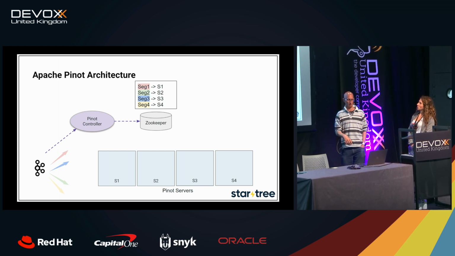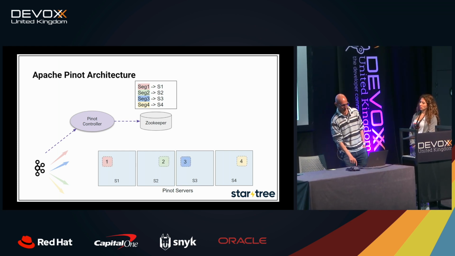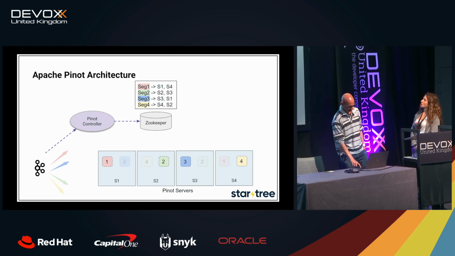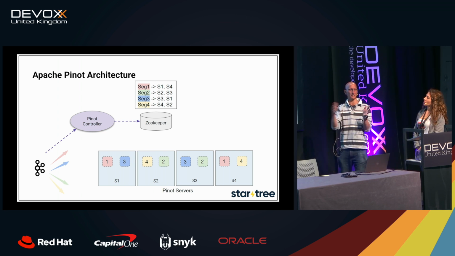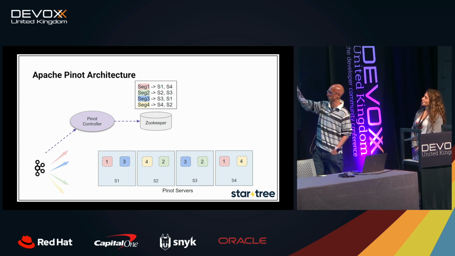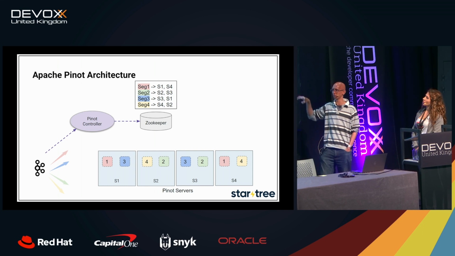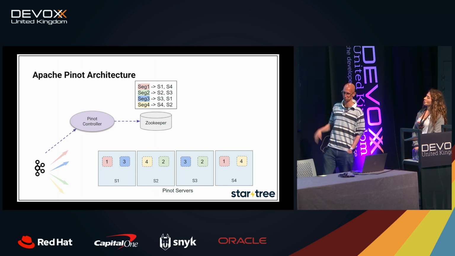If you were doing this in a production setup, you'd have multiple copies of them on there. And if you add in a new server, it'll go, okay, now we can spread out those segments into another place as well.